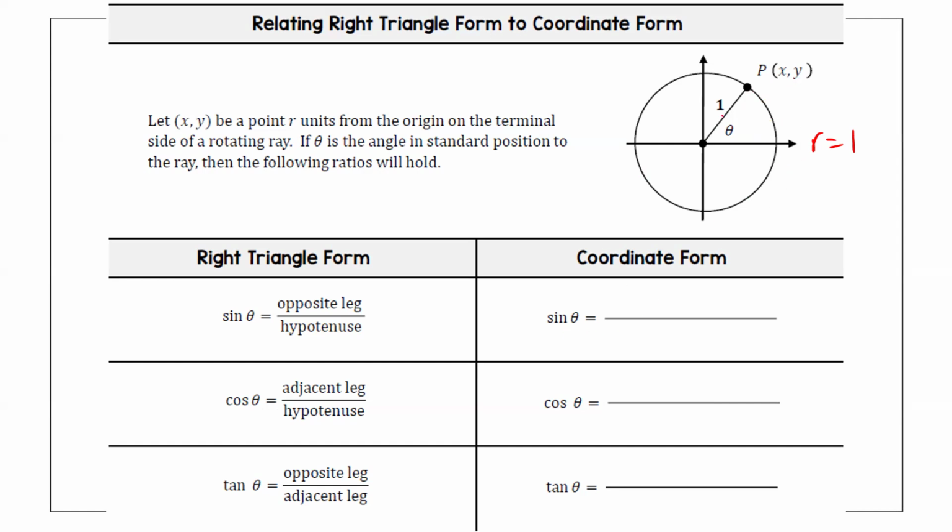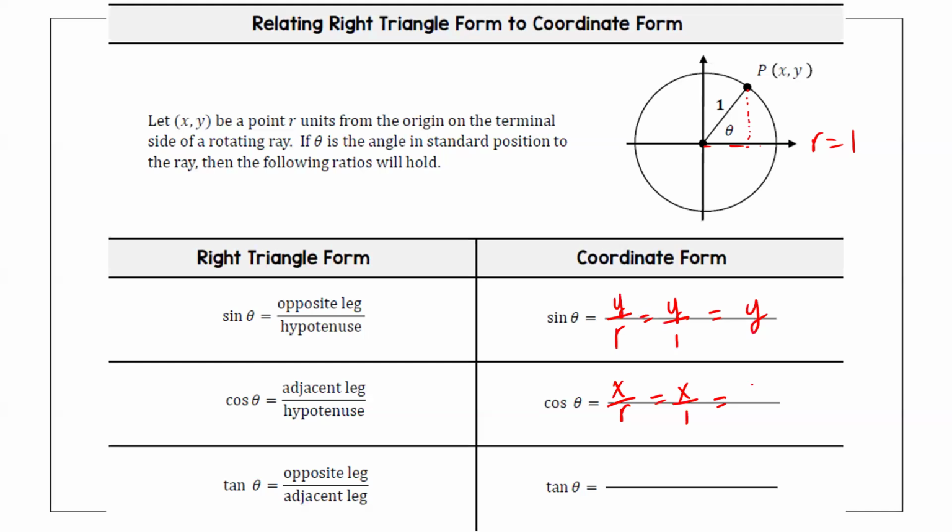So for sine, your sine is your opposite leg, so your sine is going to be your Y over your R, which in this case is Y over 1. So sine theta is just going to be your Y value. On the unit circle, whatever your Y is, that's your sine. Your cosine theta is adjacent leg over hypotenuse, which is our X over our R, and our R is 1.